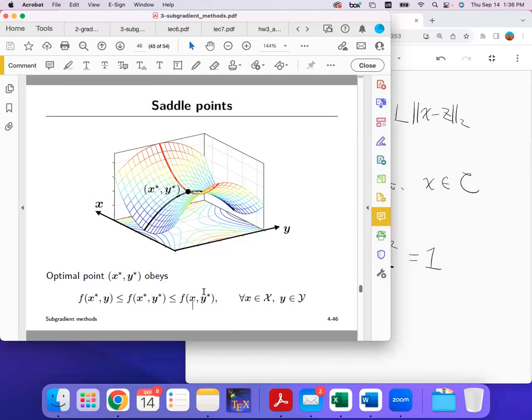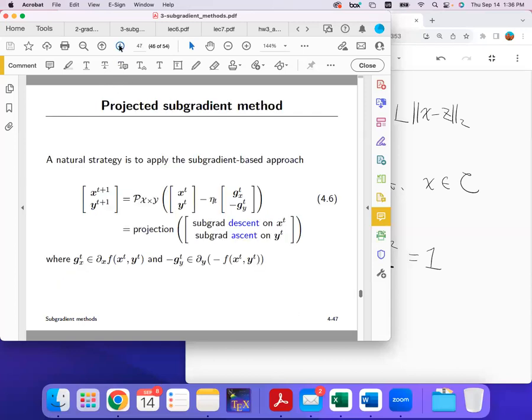At this equilibrium point, wherever you go, you always end up with a suboptimal solution.